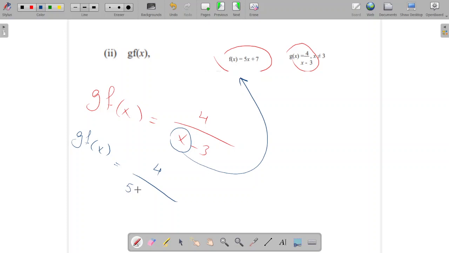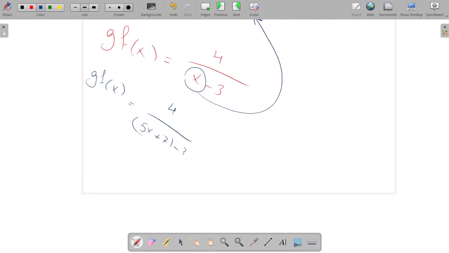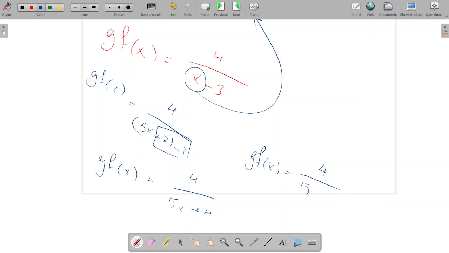Over (5x plus 7) minus 3. So gf(x) is going to be equal to 4 over 5x, and the plus 7 minus 3 is going to be plus 4. So gf(x) is going to be equal to 4 over 5x plus 4. This is the solution for the other part of the problem.